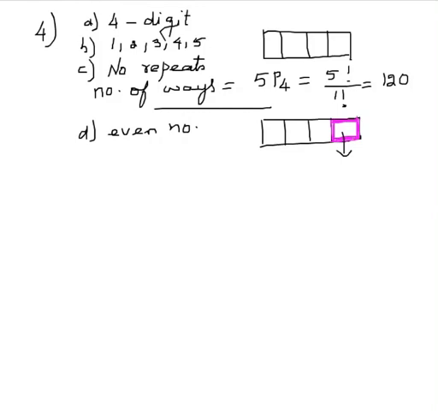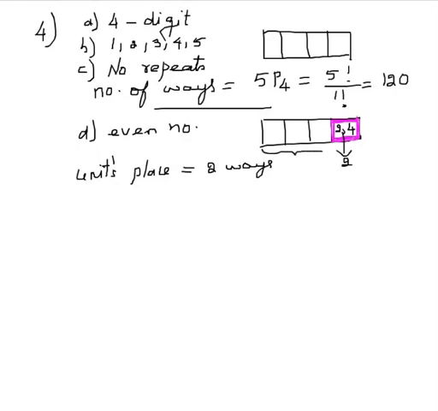So the units place digit can be filled in 2 ways, because we can use either 2 or 4. So the number of ways to fill the units place digit is 2.